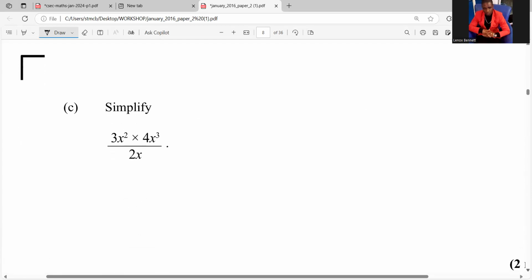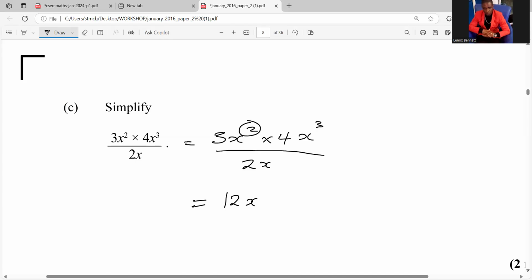All right, this one says simplify 3x squared times 4x cubed divided by 2x. We can either multiply first. I think I'm going to do that and then we'll simplify. So 3 times 4, that's 12. When we have the same base, which is the x, we add the powers.